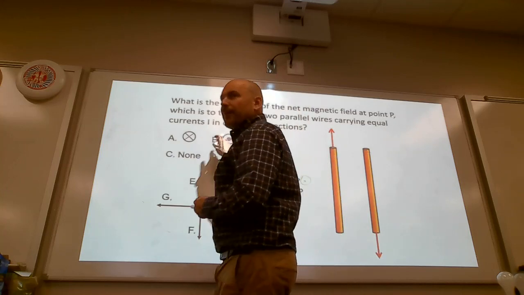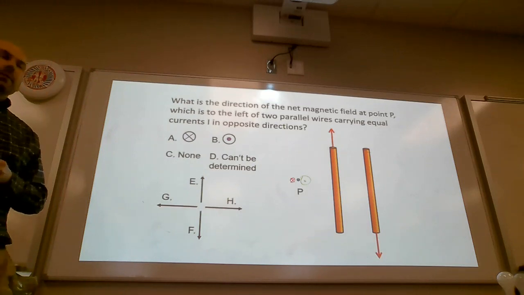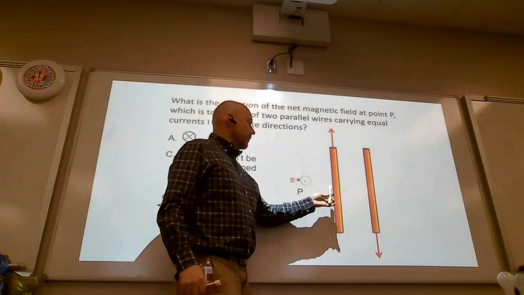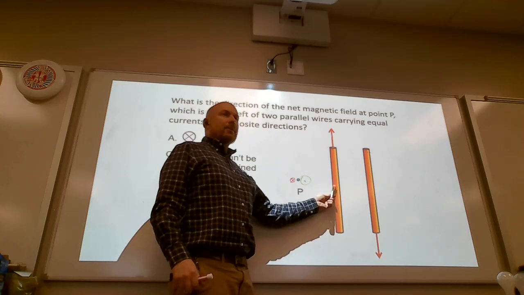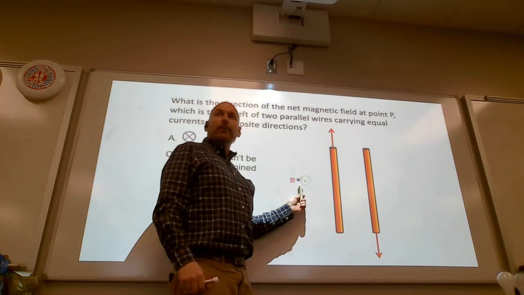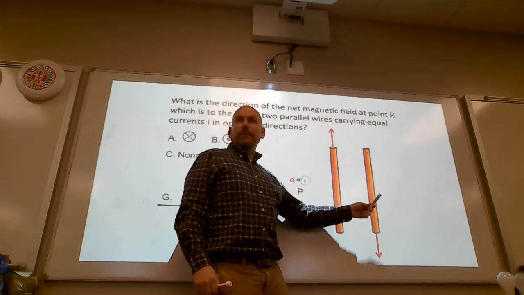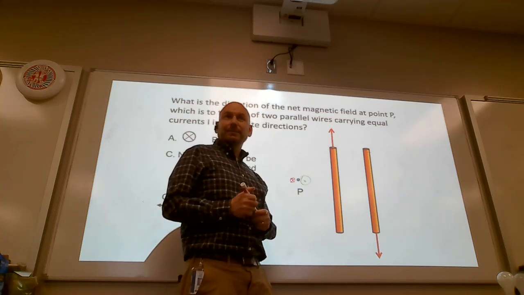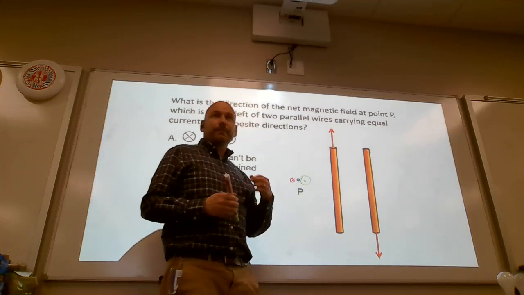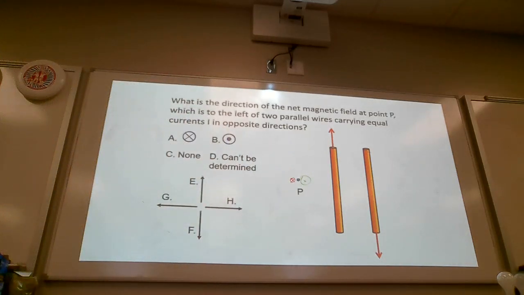Why is the net magnetic field out of the page? This one's closer to point P. Therefore, its magnetic field is stronger than the one created by this current. Okay with that? So overall, B. Yep. Bouncing babies.